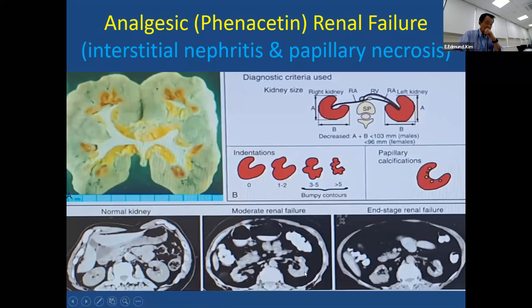But renal failure causes irregularity and scarring, the cortical thickness becomes less, and eventually a small atrophic kidney. So it's bumpy, as in the diagram here, with indentations. If you slice here, this kind of thing could look like a tumorous bump.